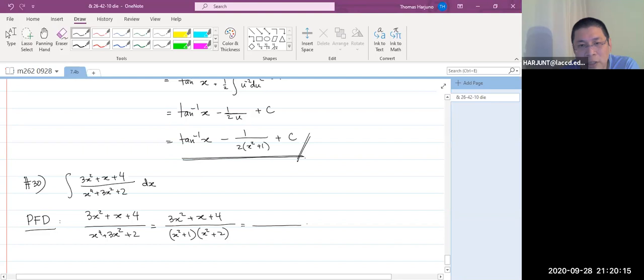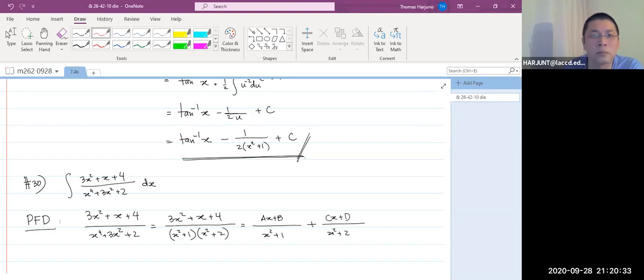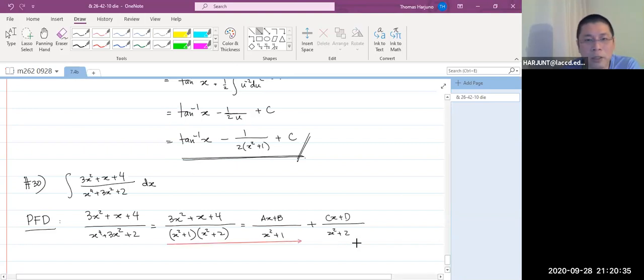So something over x squared plus 1, something over x squared plus 2. One degree less at the top: ax plus b, cx plus d. Multiply by the LCD, x squared plus 1 times x squared plus 2.